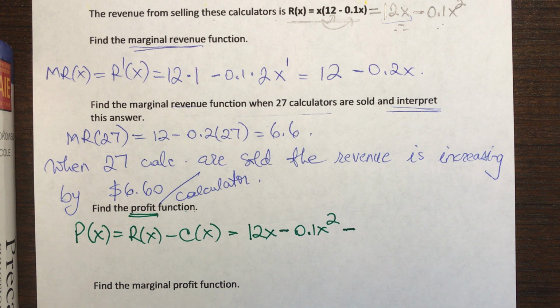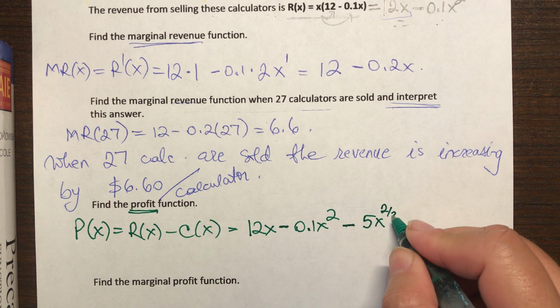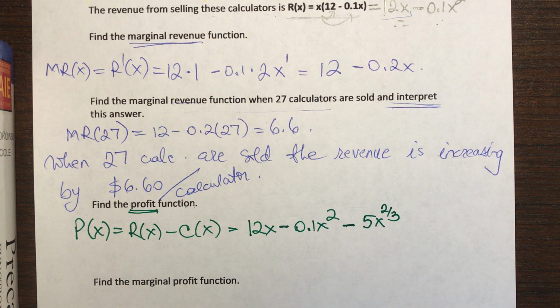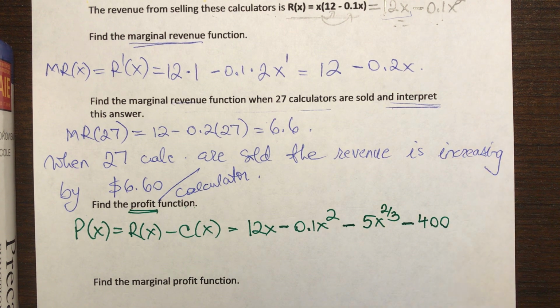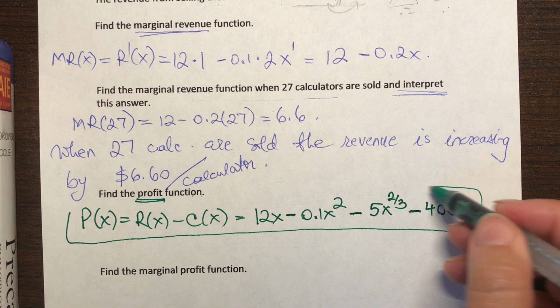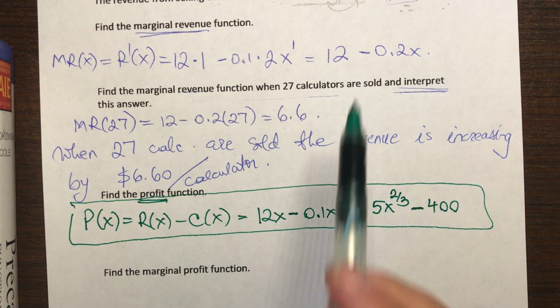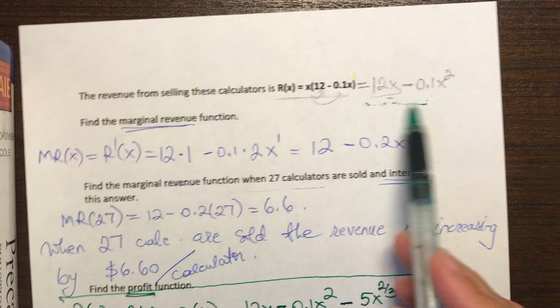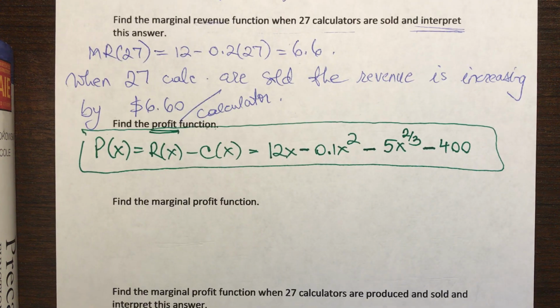That was 5x to the 2/3, and then remember it was plus 400, but because I'm subtracting them both, it's going to be minus 400. So this is the profit function. I simply got it by subtracting the revenue function that I gave you, minus the cost function from the previous page.